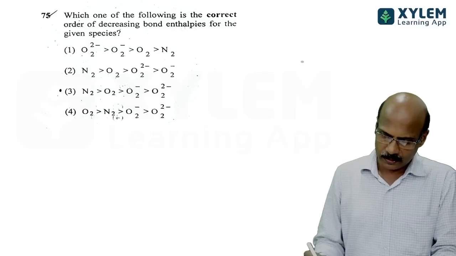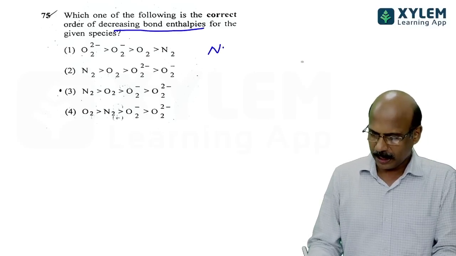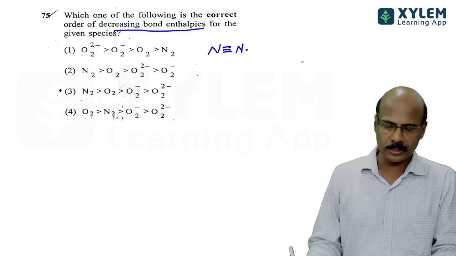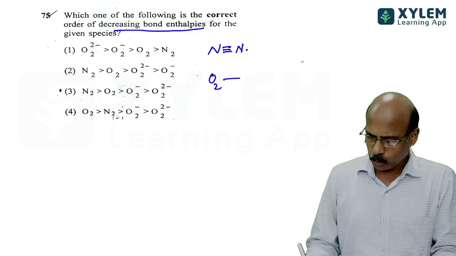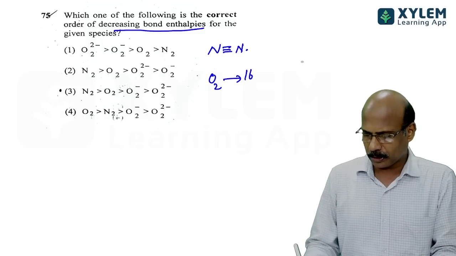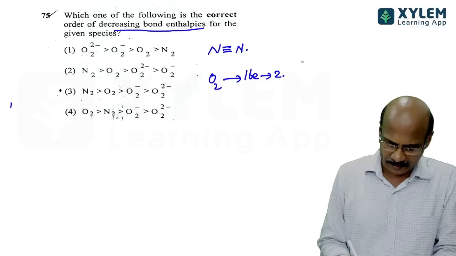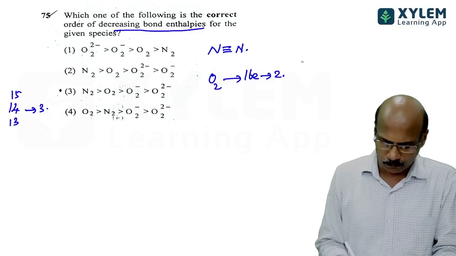The question asked is about decreasing bond enthalpy. You know that in N2 there is a triple bond between 2 nitrogens, so it is expected to possess the highest bond enthalpy. What about O2? You know oxygen's total electron count is 16. So the bond order is 2. You know very well that if the total electron count is 14, the bond order is 3. For a total of 13 or 15, the bond order is 2.5.